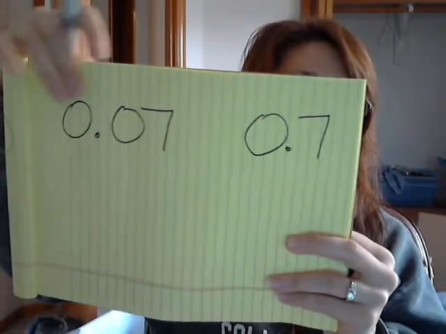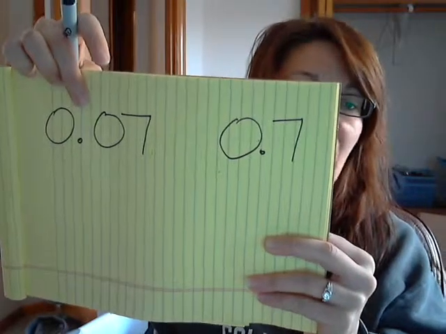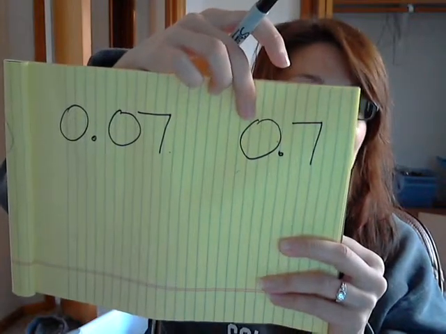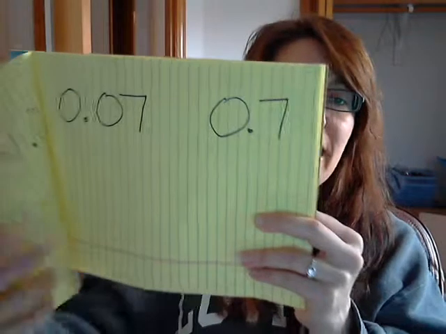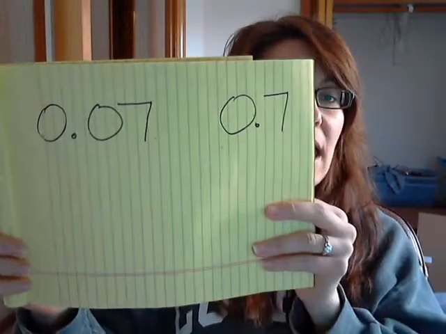So using my secret code cards, I'm going to have to build on top of my hundredths this time and on top of my tenths. This is like saying 7 pennies, 7/100, and this is like saying 7 dimes. So knowing that information, go ahead and compare 7/100 and 7/10.